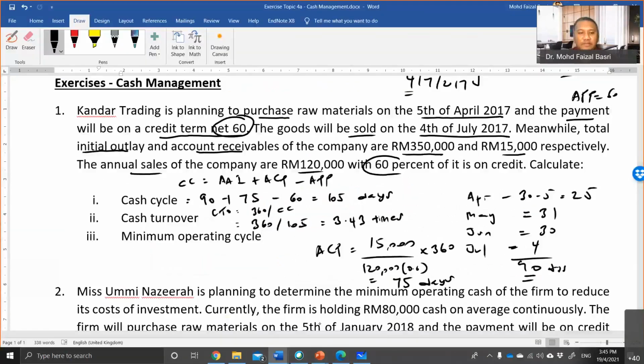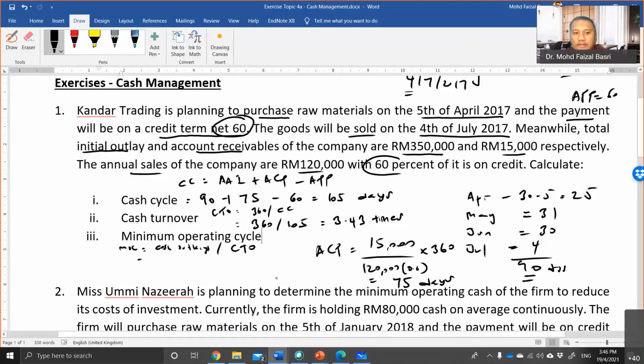Okay, so once you have this, then we can find the MOC. So MOC equals cash outlays divided by CTO. And the cash outlays will be given in the question. For example, like this one, the outlay of the company is 350,000.